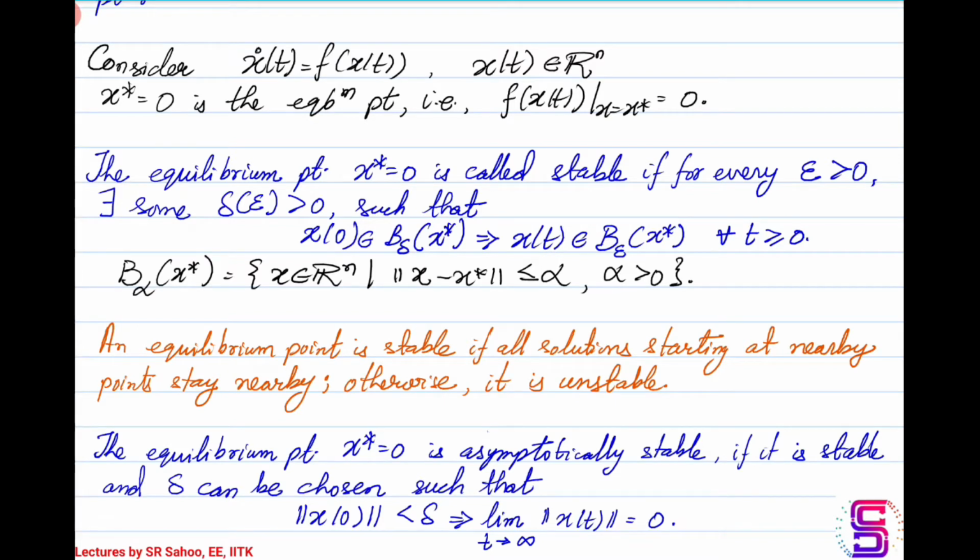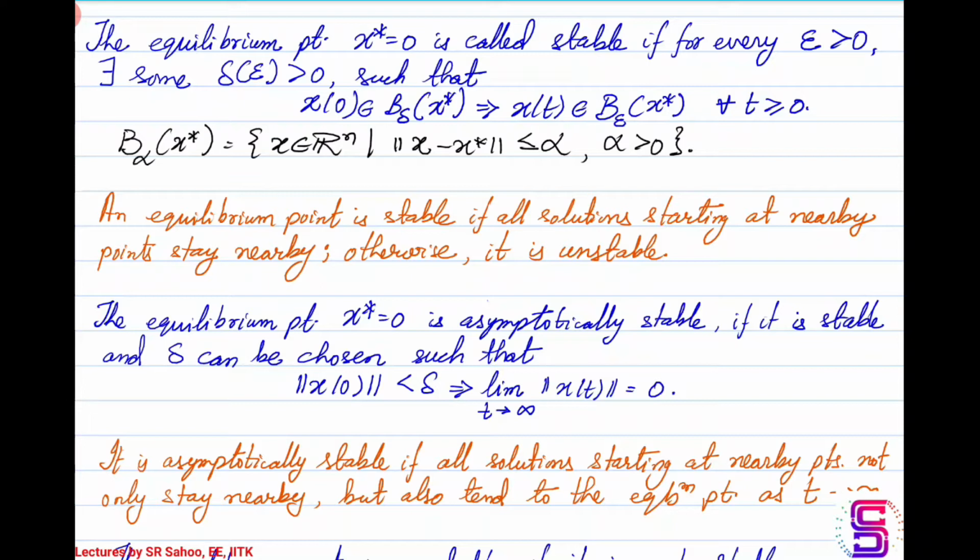Otherwise the equilibrium point is said to be unstable. So all the solutions that start close to it will always stay nearby. But if this is not true, that is, if there are certain points where, if you start, the solution may not stay close to the equilibrium point, then we can say that it is unstable.